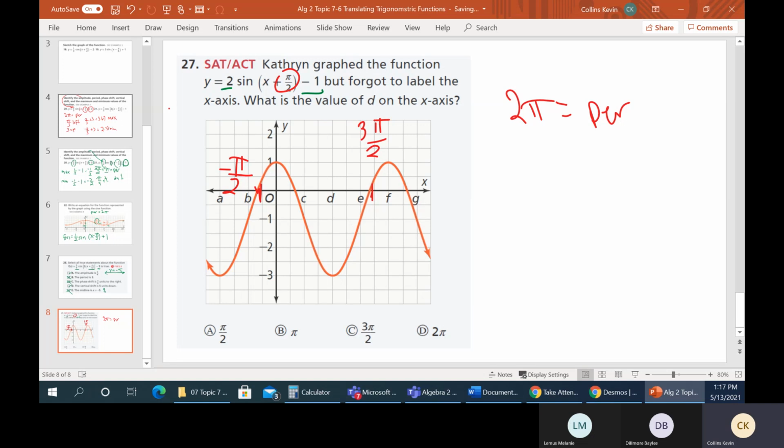All right. So that's our 0 points, right? So then our high points here are going to be at 0 and 2 pi, right? So this guy's 2 pi. So this is halfway in between, right? So it says, what is the value of d? Well, if it's halfway between 0 and 2 pi, then d must be pi.